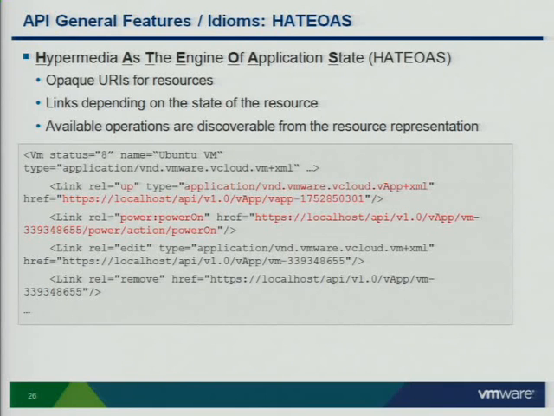Then we have a link with the relation power on, meaning that this VM is in a powered off state. That's why this VM does not have a link to a power off operation, because this operation is not available. Only the power on operation is available. In addition to that, the user that has retrieved this VM has permissions to edit and remove this VM. Thus, the user sees links for edit and remove.